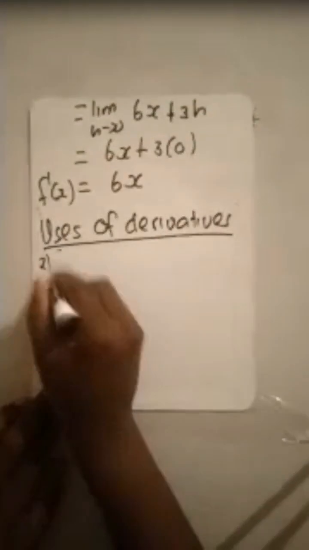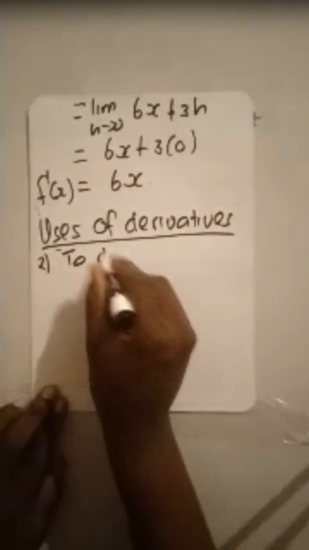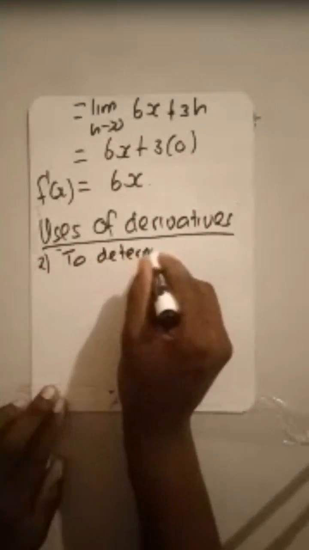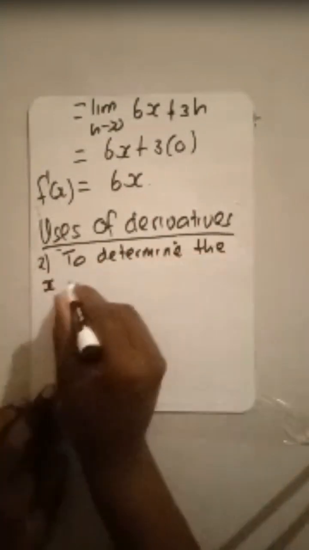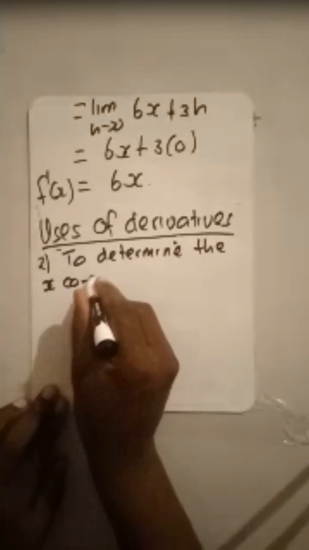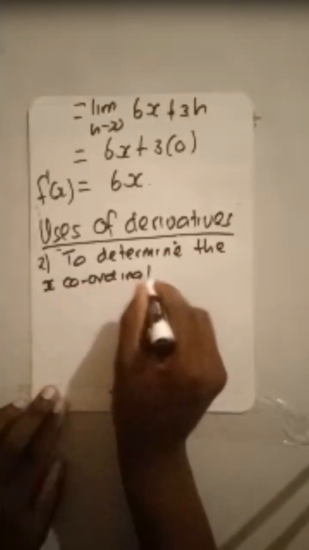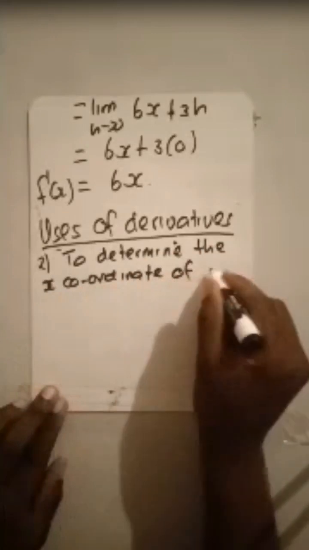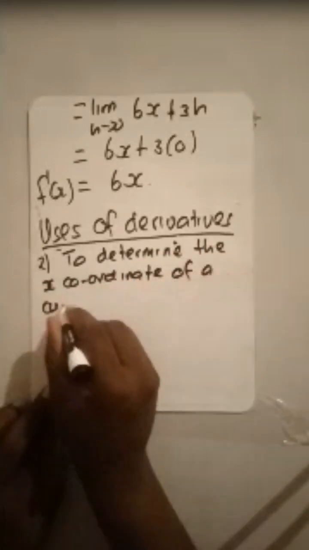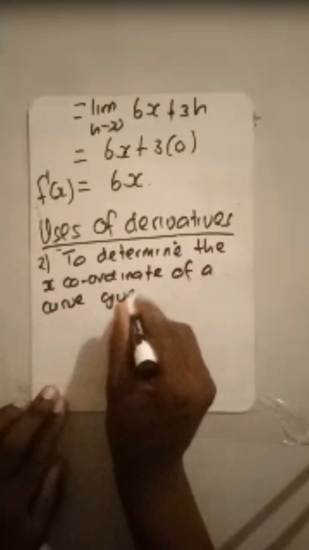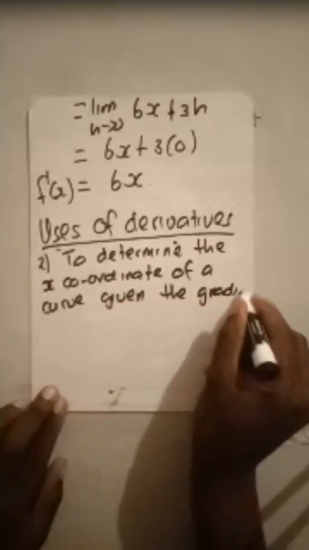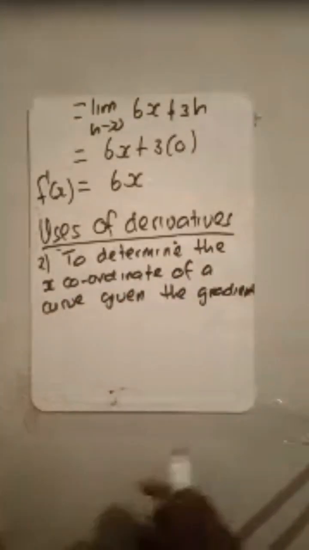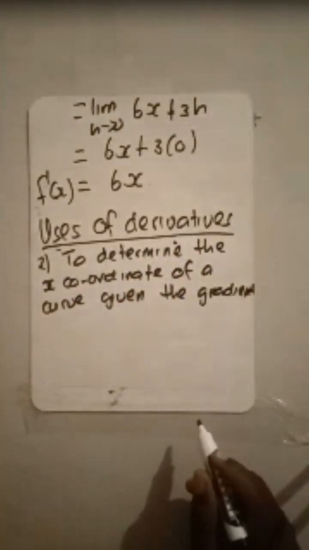Let's look at number 2: to determine the x coordinate of a curve given the gradient.